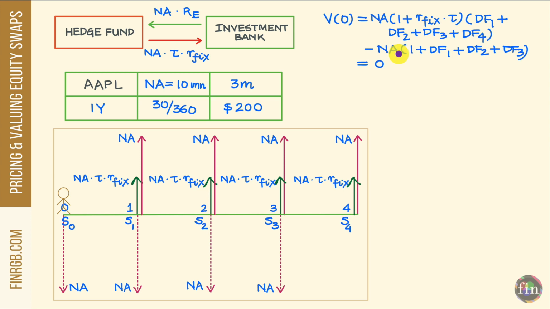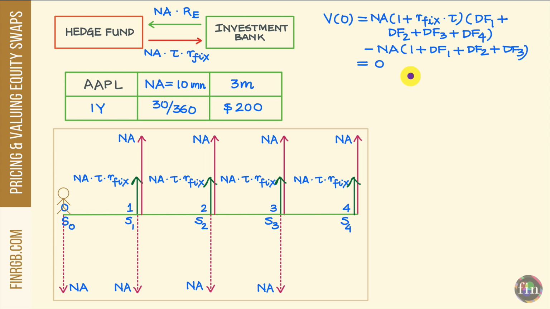Okay, and because I want to calculate what this R fix is, I am equating the value of this swap as of this point in time to be equal to 0. In this equation there's only one unknown, and that's R fix, and you can easily calculate it.